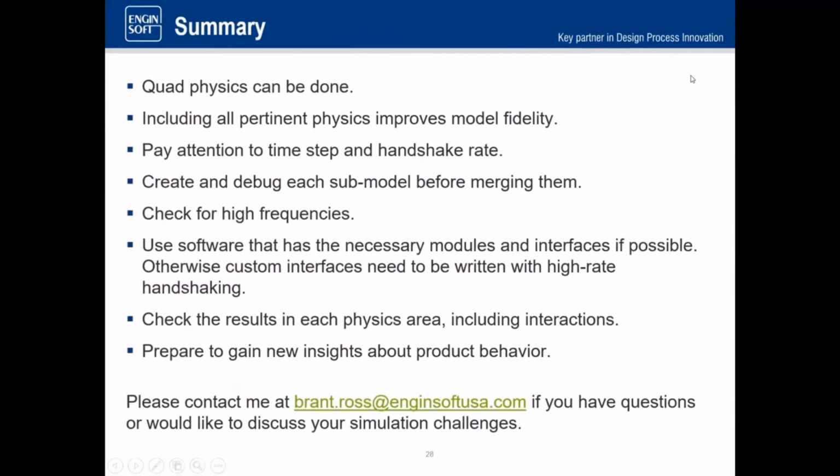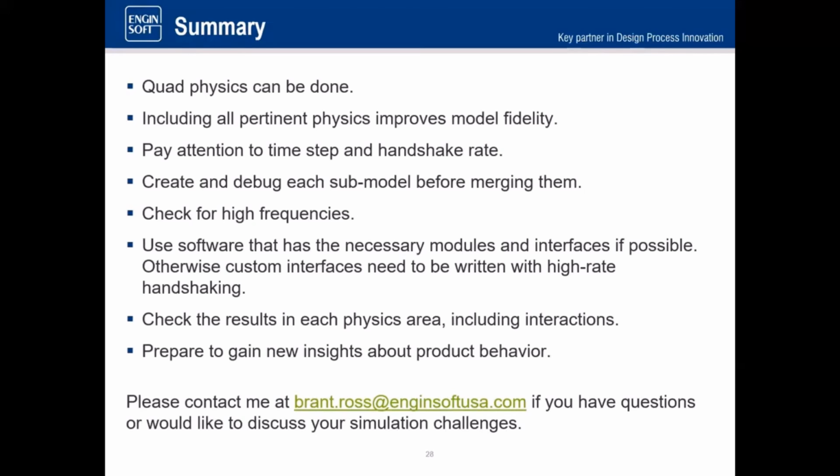So in summary, this quad physics, doing 4 different types of physics at once, definitely is something that can be done today. And RecurDyn really has great capabilities to support that. Different types of co-simulation can be done, and also open architecture, where we have the application programming interface for the controls, hydraulics type stuff, where you can embed anything you want with that subroutine interface.